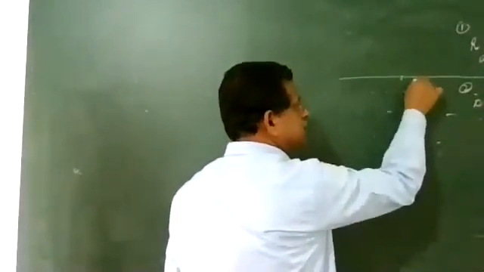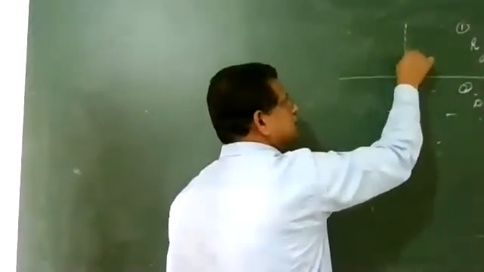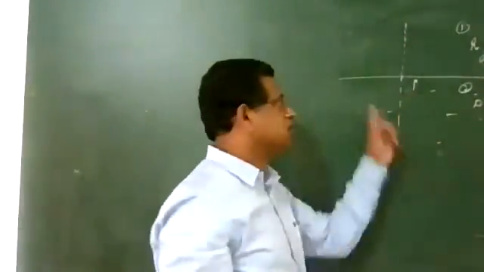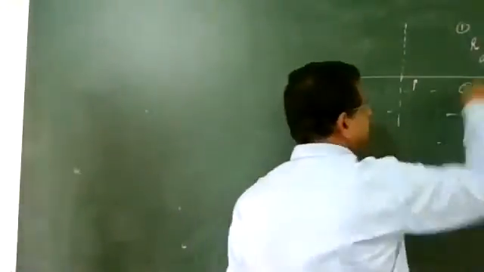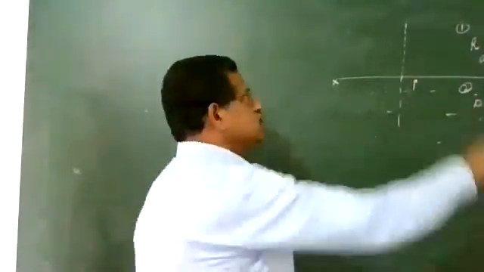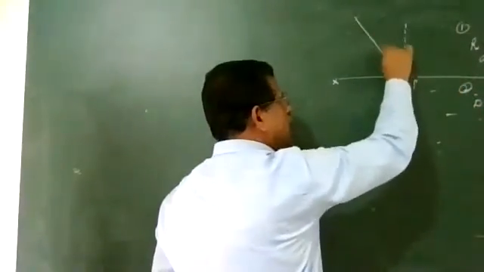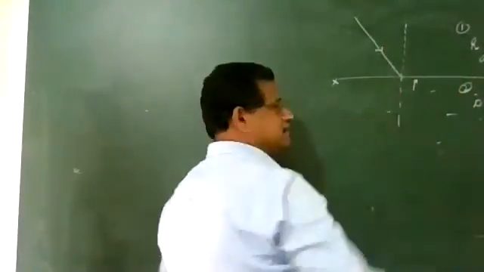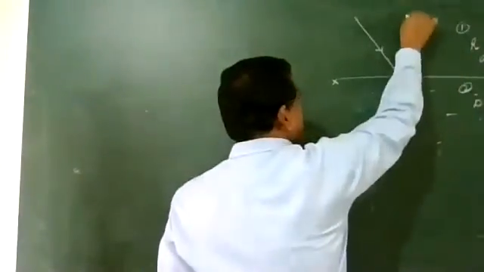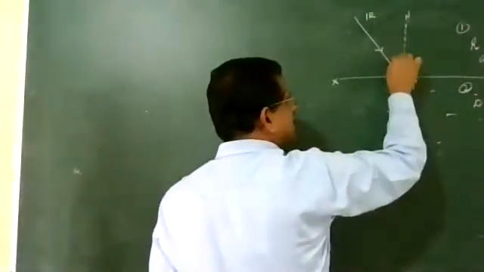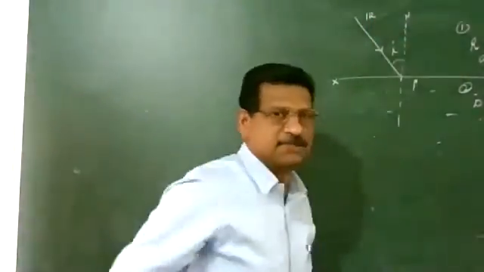At this point I draw a normal. This line is the interface of the two media. When light reaches the point with oblique incidence, it makes an angle. This is the normal, this is the incident ray, and this angle we call the angle of incidence.